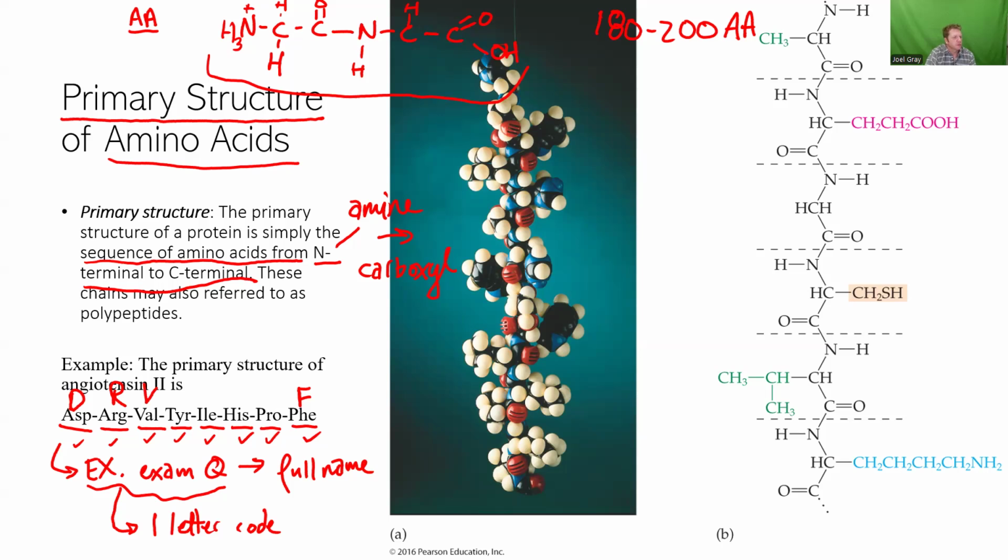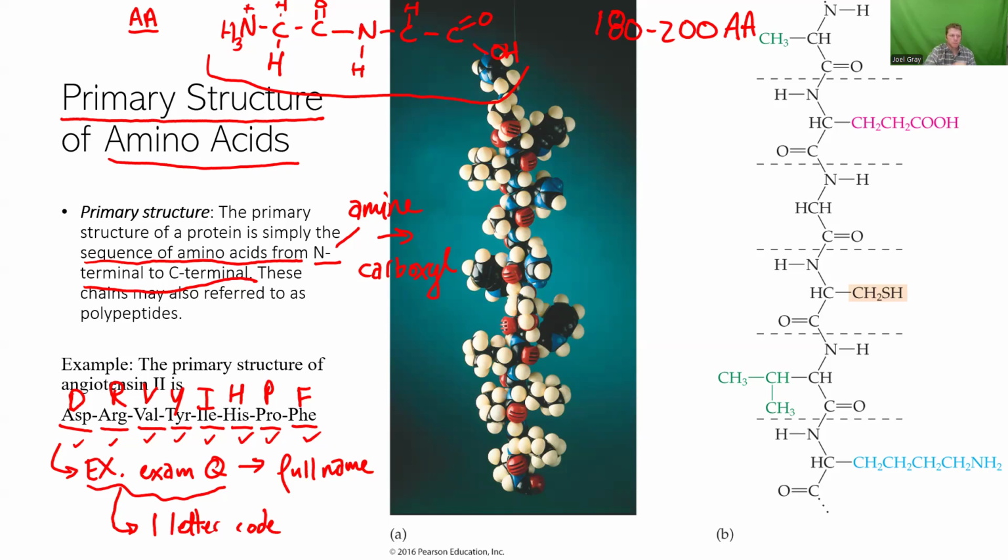What's after valine? What's tyrosine? Y, perfect. Then isoleucine, histidine, and proline. I, awesome. H, perfect. Well done. So these are both good example exam questions.